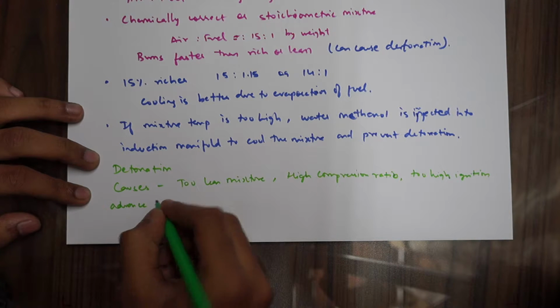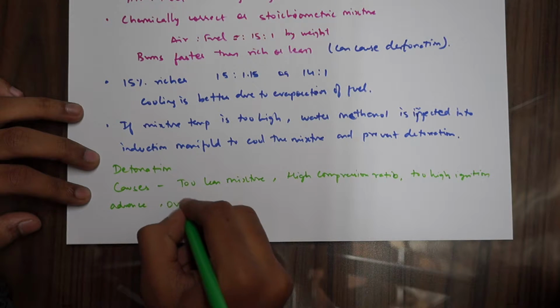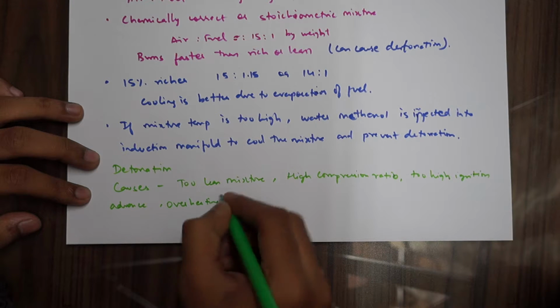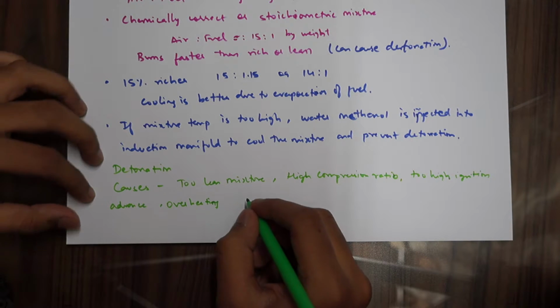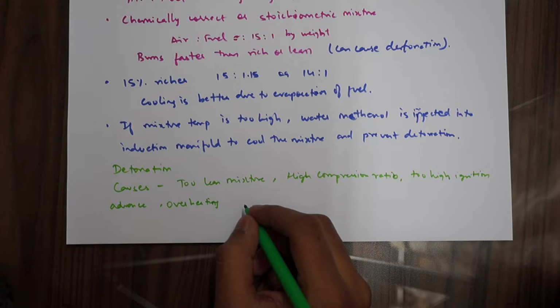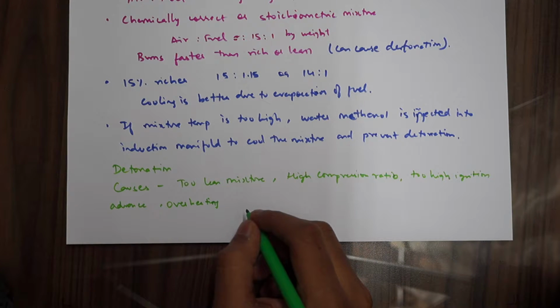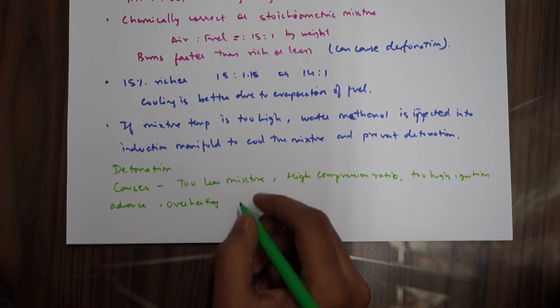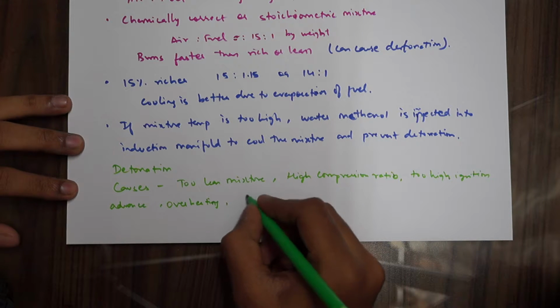overheating of the engine itself. This can happen due to a very sharp rate of climb. If you are a low power aircraft and you are climbing rapidly at say 6,000 or 7,000 feet per minute, the engine is going to overheat, and that's going to cause detonation.